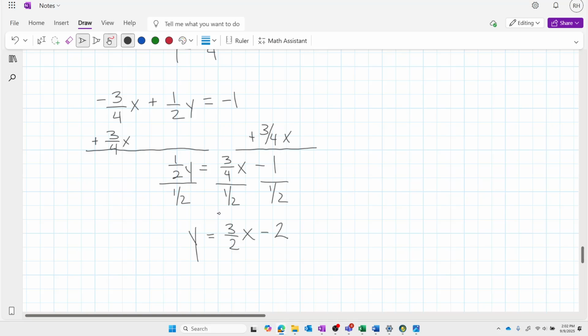So there's your line in slope-intercept form. Anybody have any questions?